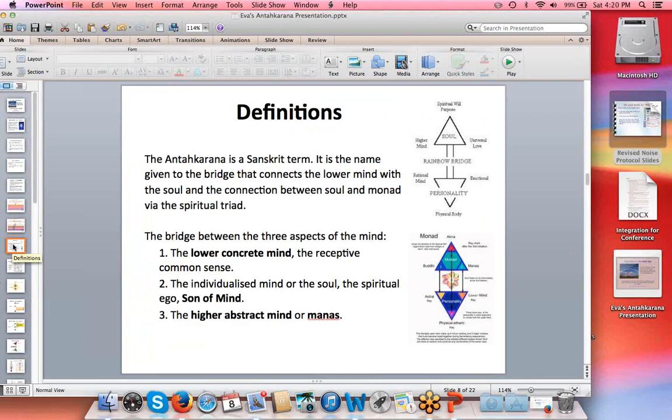So the word Antahkarana, it's a Sanskrit term. It is the name given to the bridge that connects the lower mind with the soul, and the connection between the soul and later on the monad, via the spiritual triad. What is the spiritual triad? I'm throwing so many different words at some of you, I know, I'm sorry.